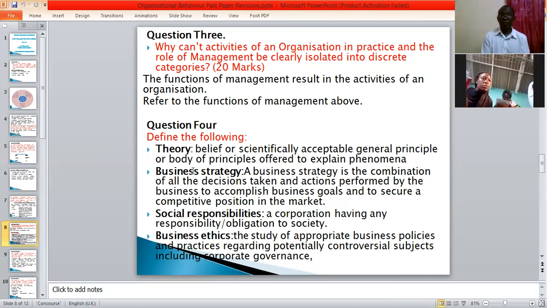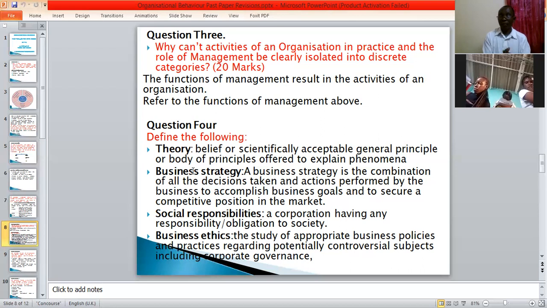An organization theory is a belief or scientifically acceptable general principle that is used to explain a phenomenon. Each organization has its own theories. It's just a set of principles that are used to explain certain things in that organization.